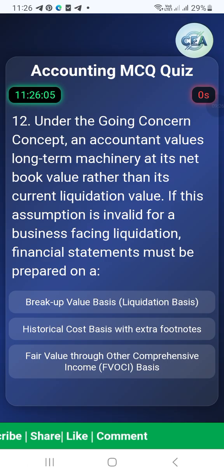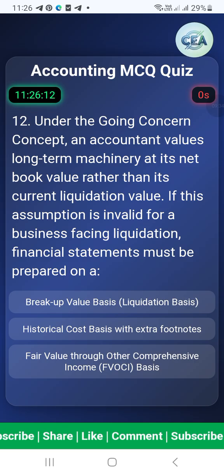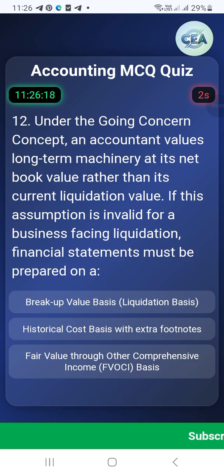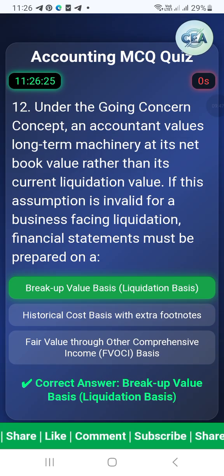Option 2. Historical cost basis with extra footnotes. Option 3. Fair value through other comprehensive income (FVOCI) basis. Correct answer is breakup value basis, liquidation basis.